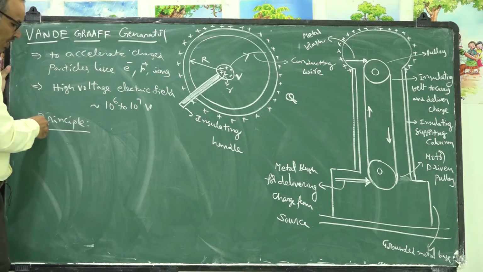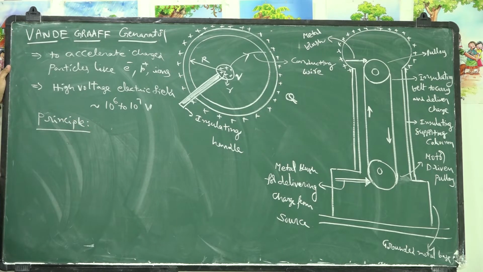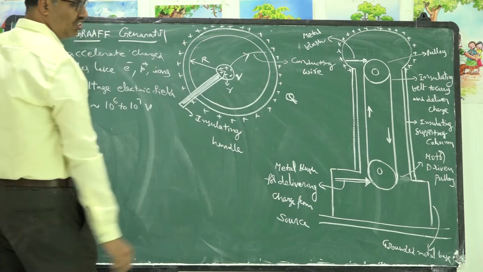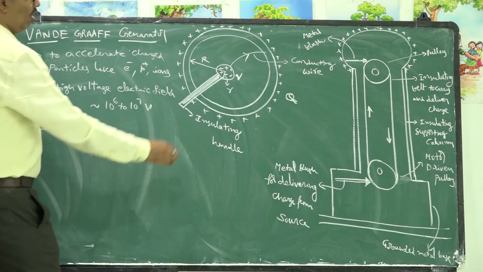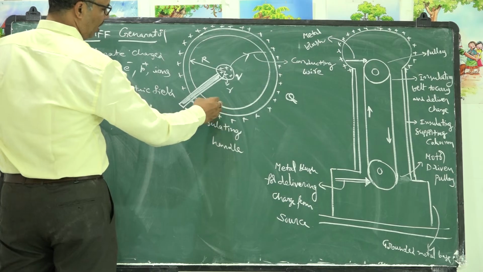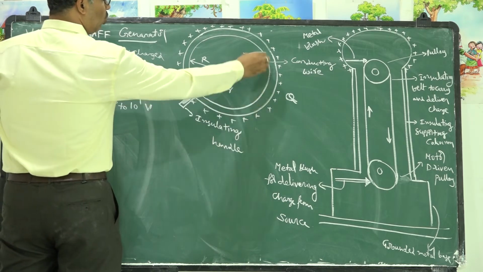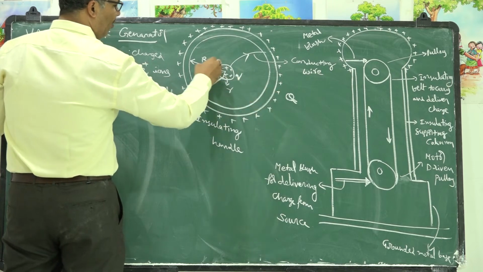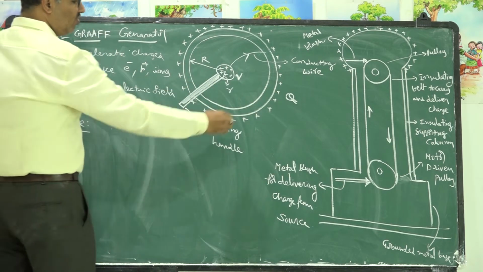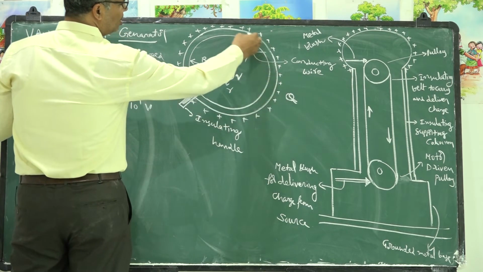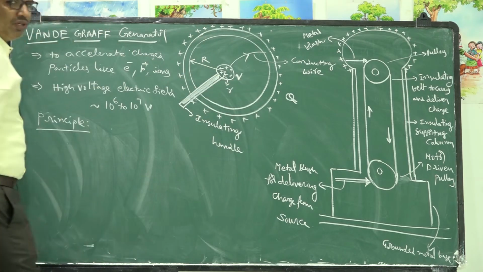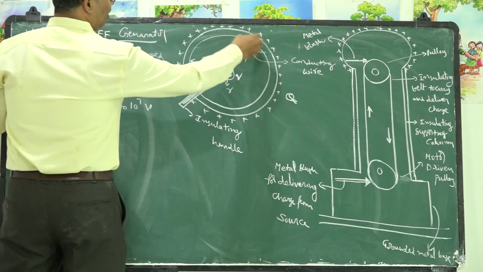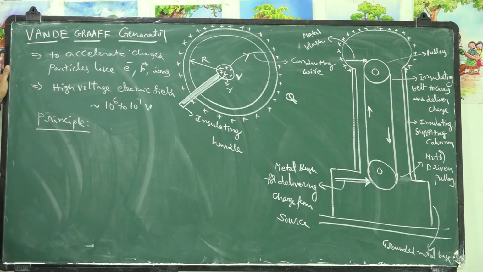To understand the principle, let me explain you the distribution of charge here. If you observe this diagram, initially there is only a spherical shell of radius capital R over which capital Q charge is uniformly distributed.